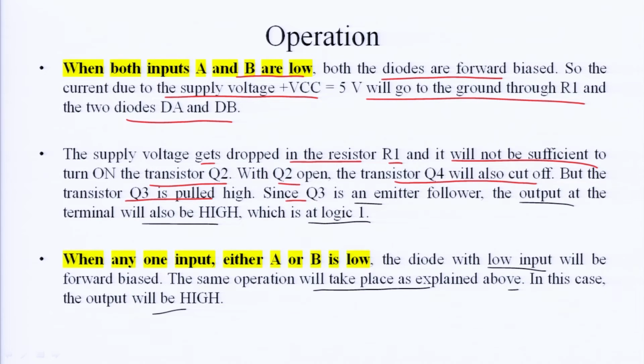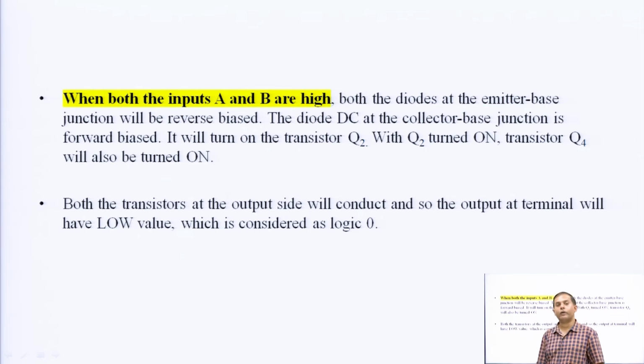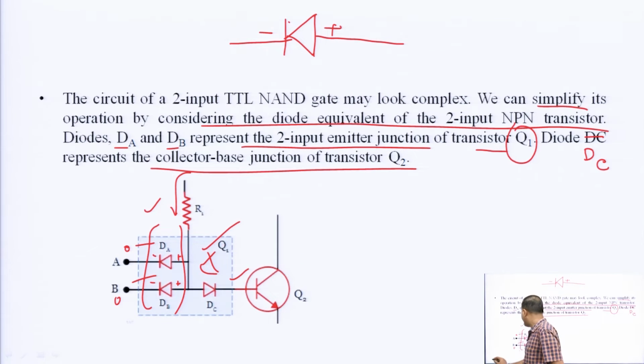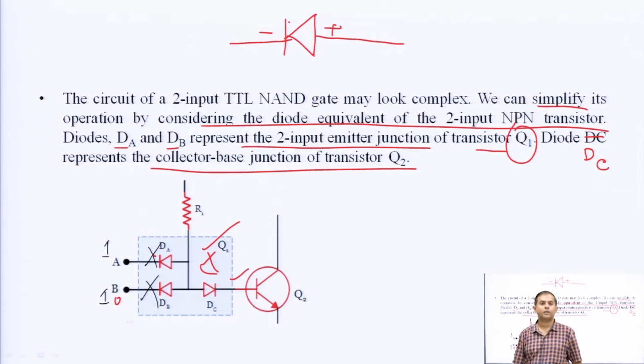Okay. But now the condition when both are 1. Here we are giving high voltage, and here we are giving high voltage. So, what will happen? If both are 1, this diode will not be conducting, it will be reverse biased, right.